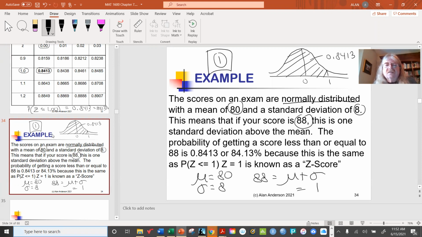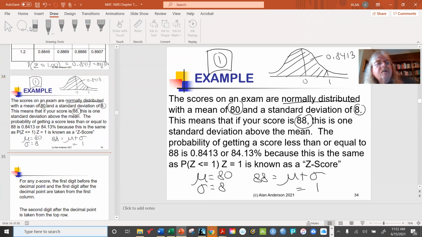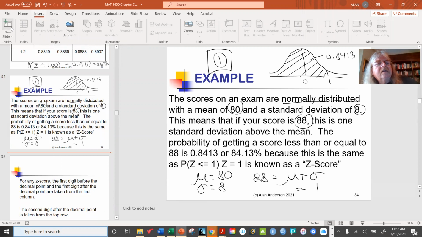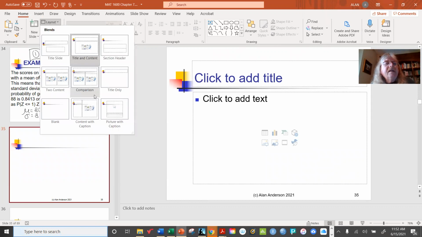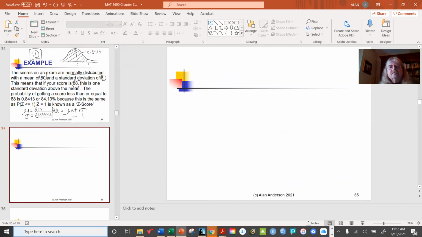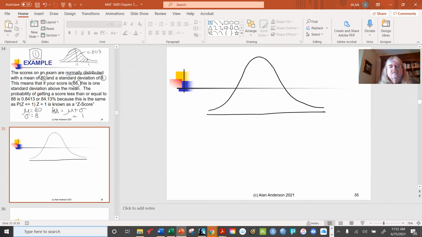Let me just draw this separately for you on a separate graph so you can see it a little more clearly. On the exam itself, 80 is the mean. 88 is 1 standard deviation above the mean. 72 is 1 below.